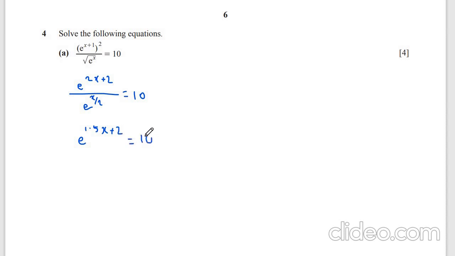And that equals 10. So now if we take ln, so 1.5x is equal to ln 10. And that will eventually give you 0.2017.